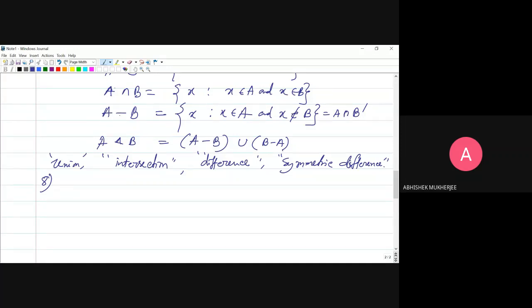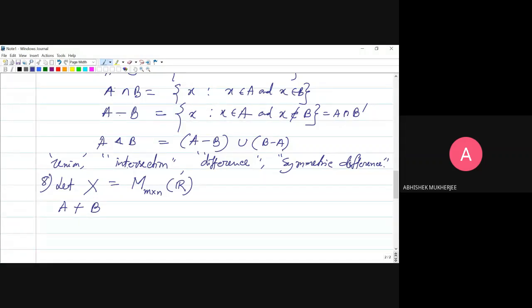Let X denote the set of all M cross N matrices over the reals. Then for any two matrices A and B, you can define addition. And you all know the definition of addition of two matrices.